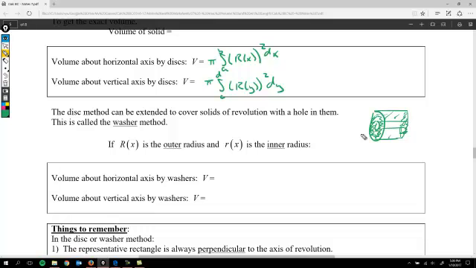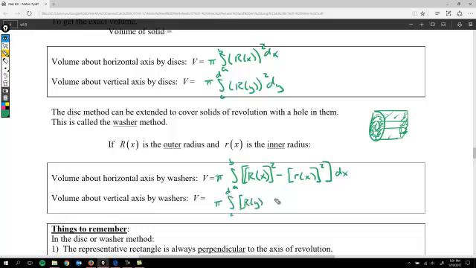It's the same thing, area of a circle, except I'm just going to be subtracting. My outer radius, this outside piece of the donut, gets its own area. And then the inner radius, which I'll call little r, is right here, and I just need to subtract that area, or that volume, out of my equation because I don't want it. And then vertically, very similar. Still pi from c to d.